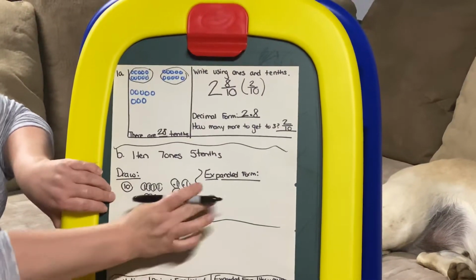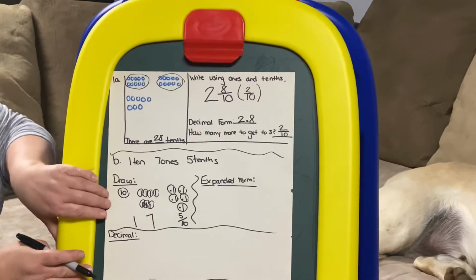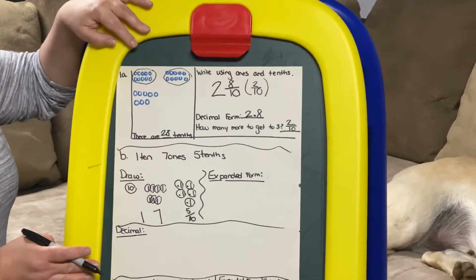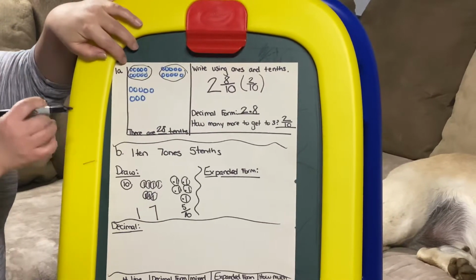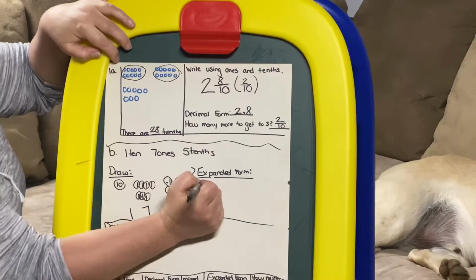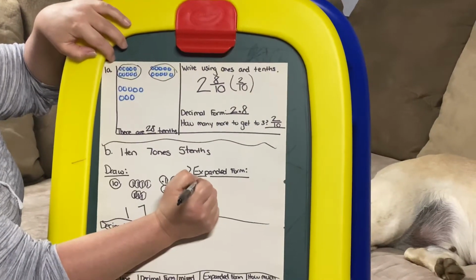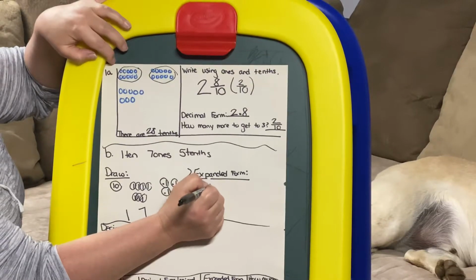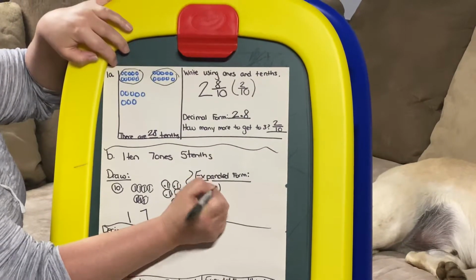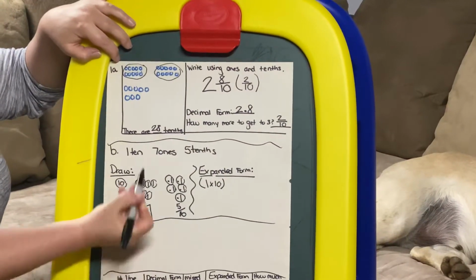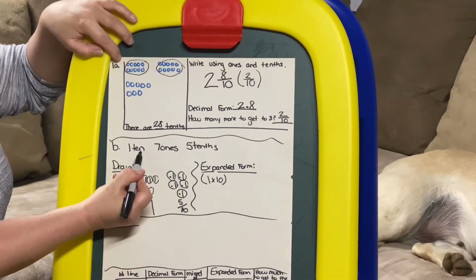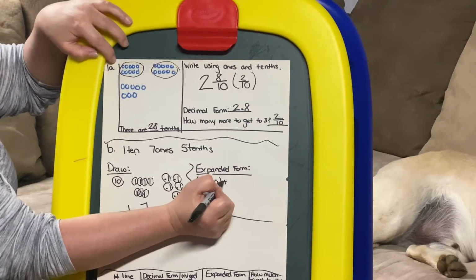Now, they're asking you to write this in expanded form. Similar to what we did back at the beginning of the year, I'm going to put parentheses, 1 times 10, because I have 1 in the tens place. I'm going to put an addition sign between it.